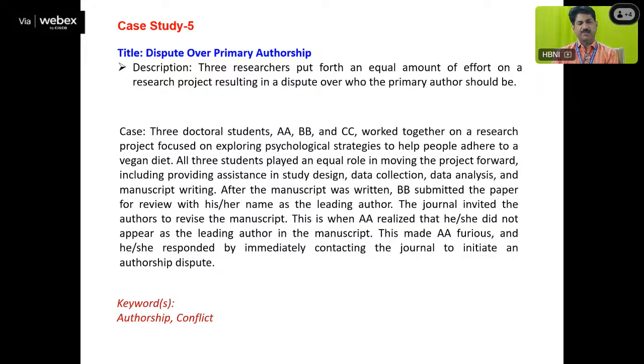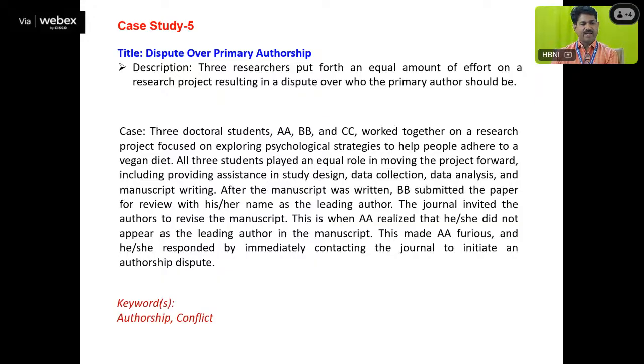After the manuscript was written, one of the students, BB, as I have mentioned, submitted the paper for review with his or her name as the leading author. So he put his own name as the leading author of the research output and sent it for publication.